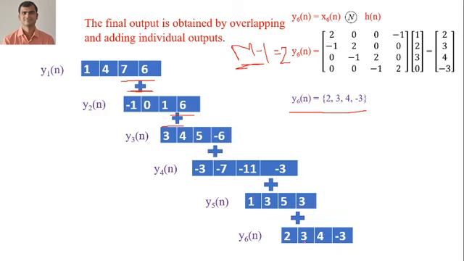So the final output is initially 1, 4, then after addition 6, 6, 4, 10, 2, minus 13, minus 10, 0, 7, 6, and the last two samples 4, minus 3. The output we got for the overlap save method remains the same for the overlap add method. In this way we can perform linear convolution using the overlap add and overlap save methods.